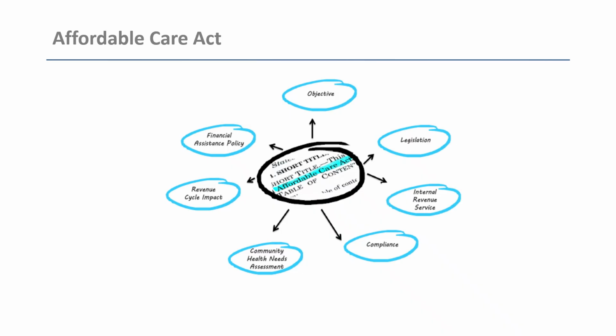One objective of the Affordable Care Act, or ACA, is to promote the transparency of a hospital's community health needs assessment, financial assistance policy, and to provide protections to the financial assistance policy eligible patients with respect to charges and collections.